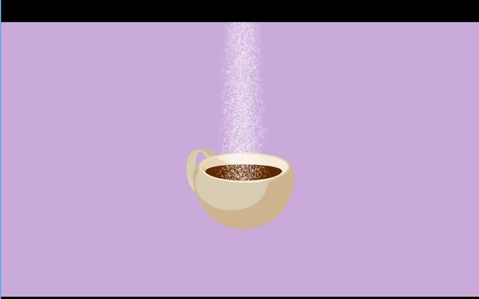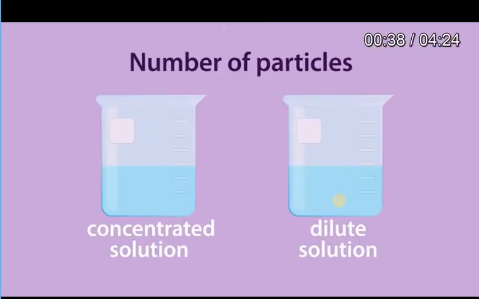So if you have a cup of tea or a cup of coffee and you put 3 spoons, the number of particles is obviously going to be more than when you put 1 spoon. So the one that has more spoons can be said to be more concentrated, whereas the one that has fewer spoons can be said to be dilute.